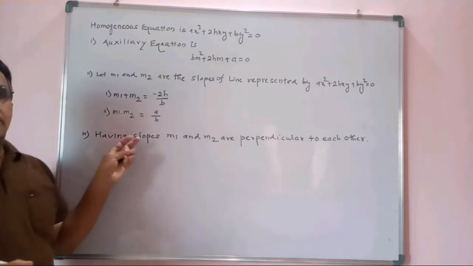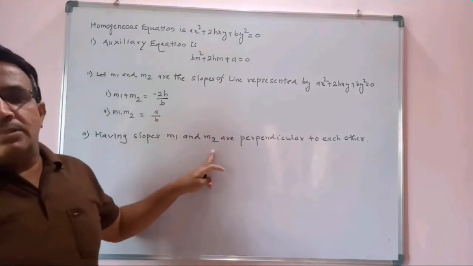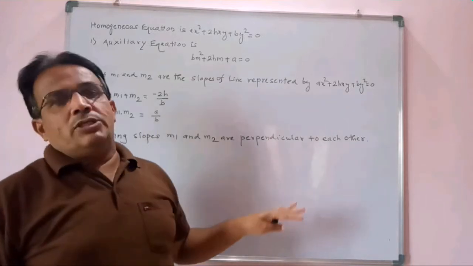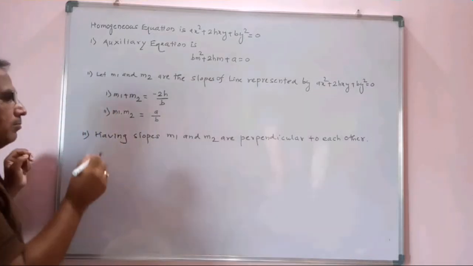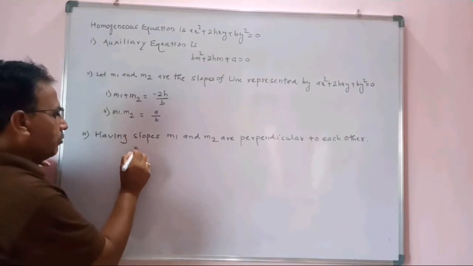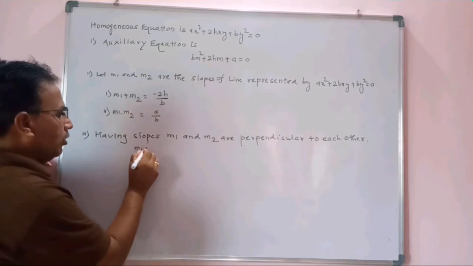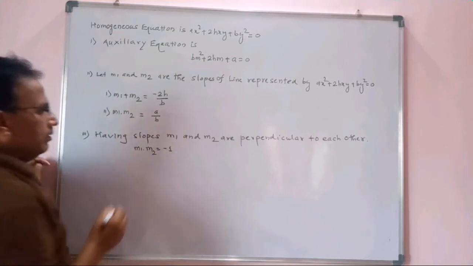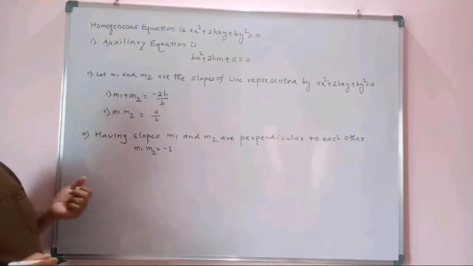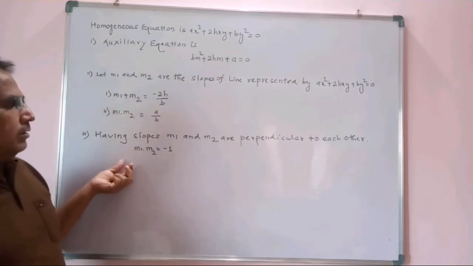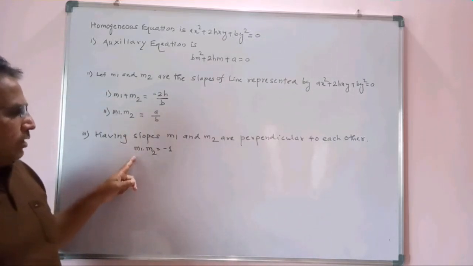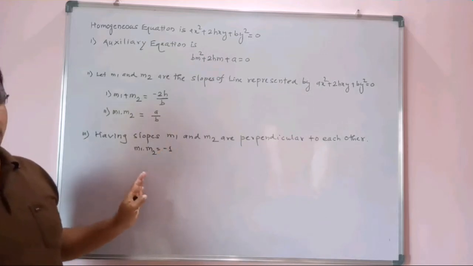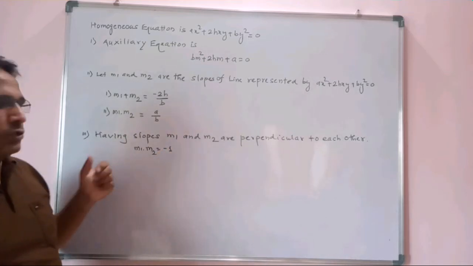There are two slopes, the first slope m1 and the second slope m2. If they are perpendicular to each other, the condition is that the product m1 into m2 equals minus 1. Two lines are perpendicular when the product of their slopes is m1 into m2 equal to minus 1.